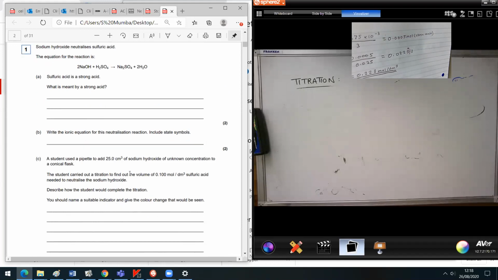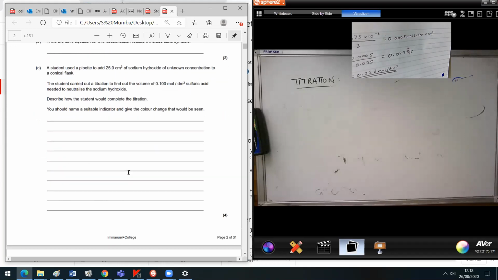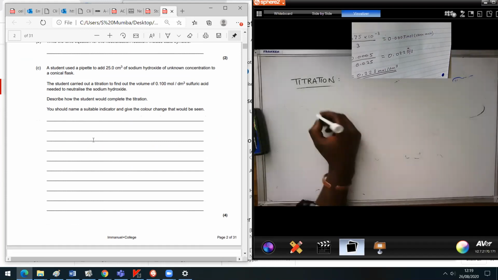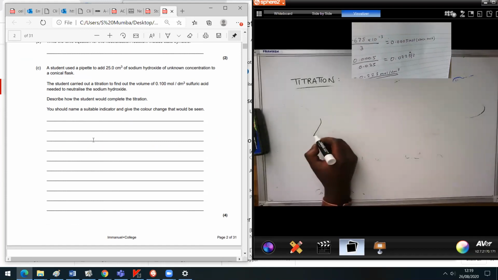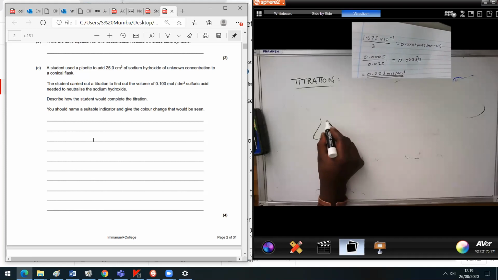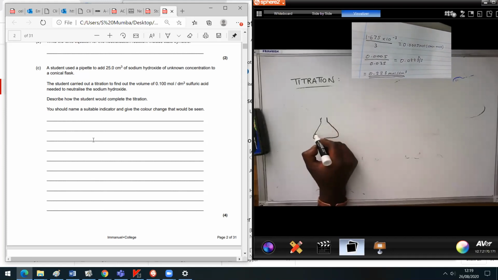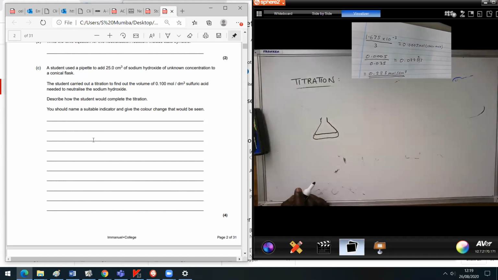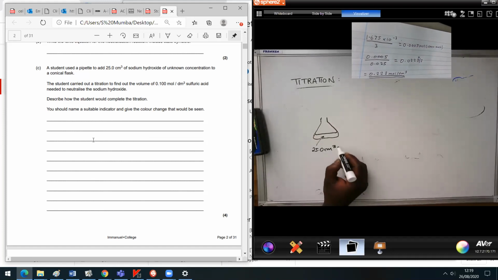So let's have a discussion then. I won't make you write this whole thing, but what do you think you might include in this? It says, describe how the student would complete the titration. The student used the pipette to add, if I just draw, there we go, that's the student's conical flask, and they've added 25 cm3 of sodium hydroxide.